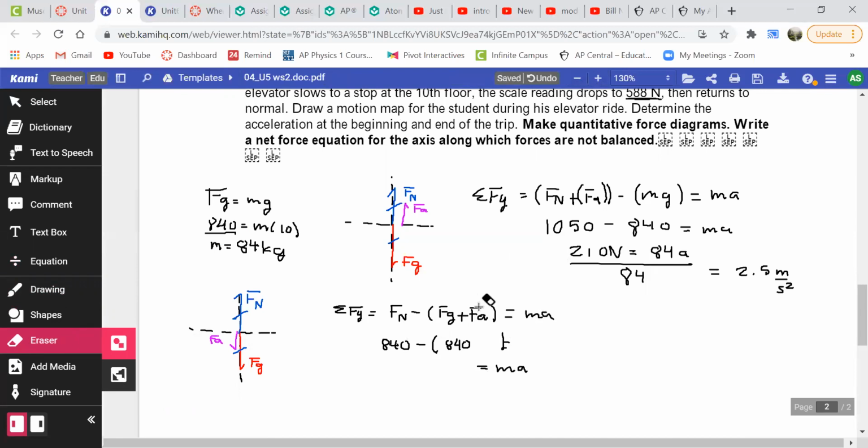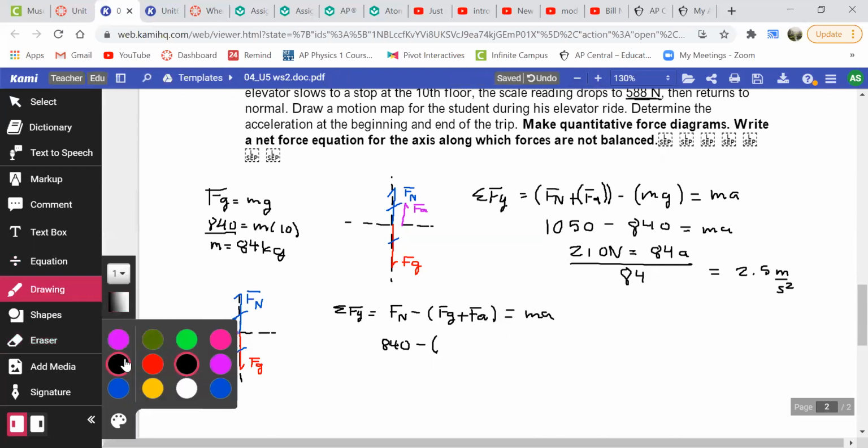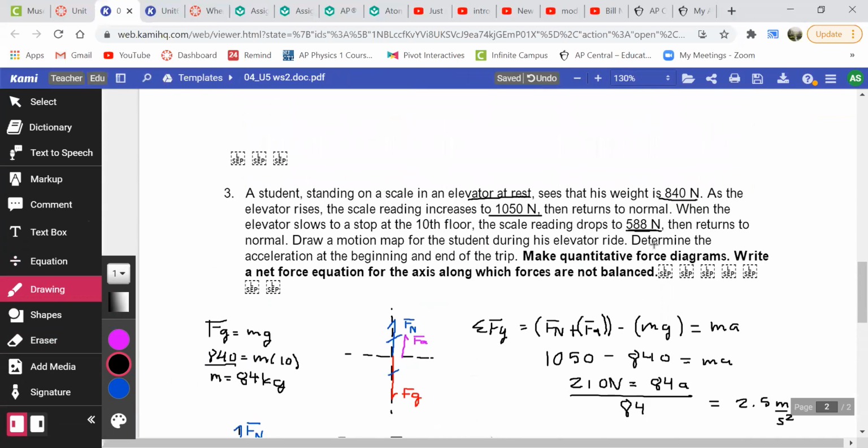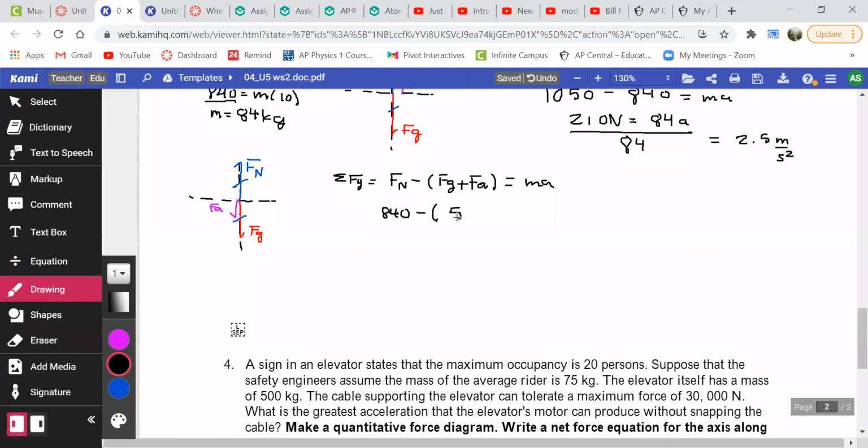So here you're going to solve for Fa instead of solving for ma, so that you could then use Fa to solve for ma. Let me go back and do this. This gives you the 252.